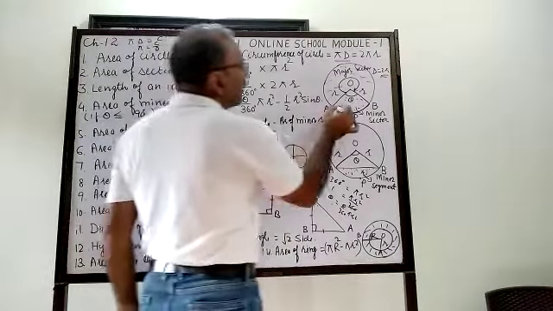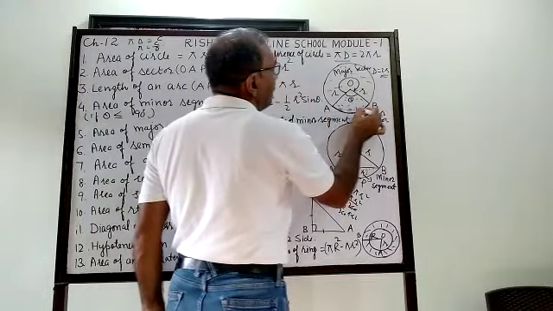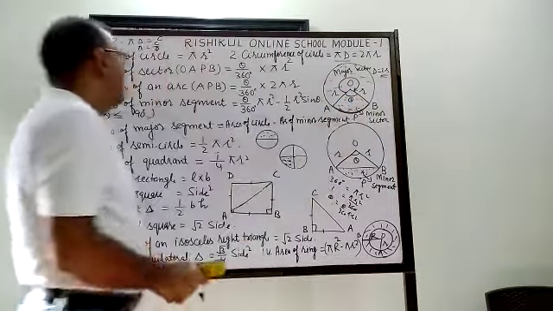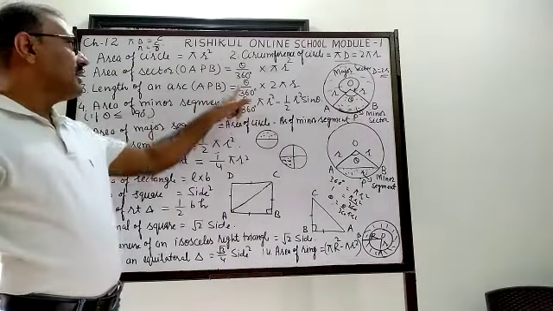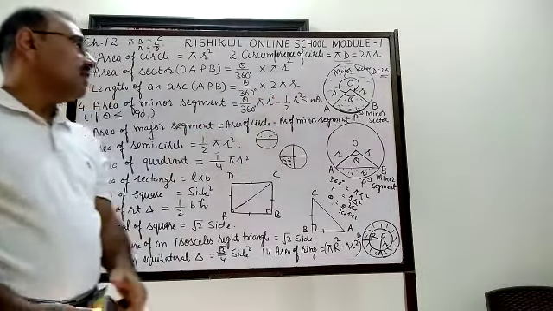And length of an arc. This is arc APB. How can you find the length of this arc when radius and theta are given? The length of arc APB will be theta upon 360 into 2 pi r.